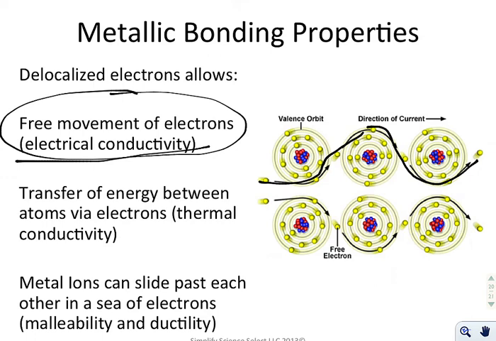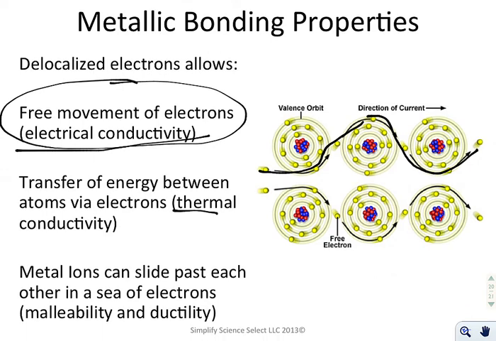A second property is that they tend to be thermal conductors for the same reason. Because electrons can be moved through the atoms so easily, they can actually transfer energy to the atoms via the electrons as well, and so as a result, they tend to be thermal conductors.